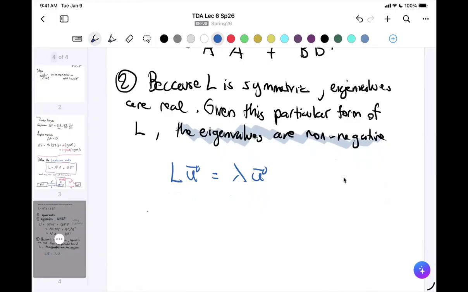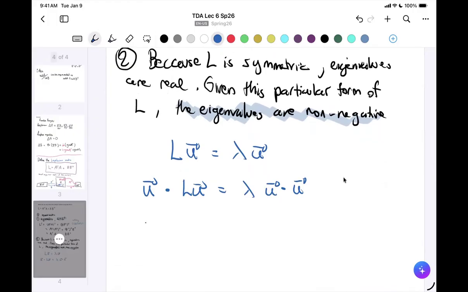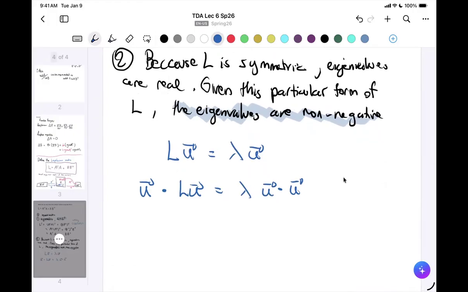I'm not so sure if this will be super easy to see, but I'll take the dot product on both sides with u. Sorry, I meant take the dot product of both sides with u. Okay? So, let's see what happens here. The dot product of a vector with itself is just the length of the vector squared, right?